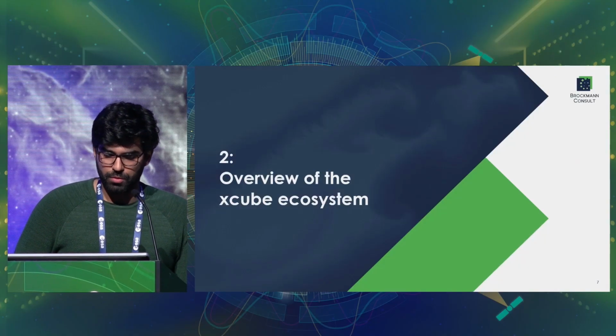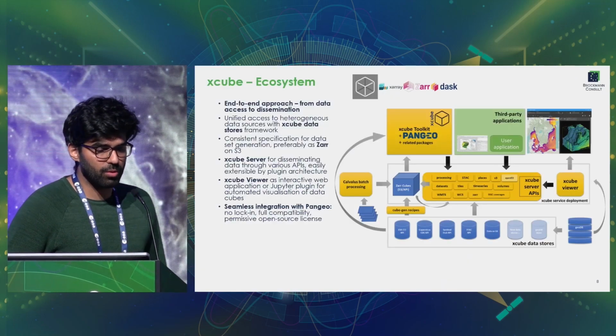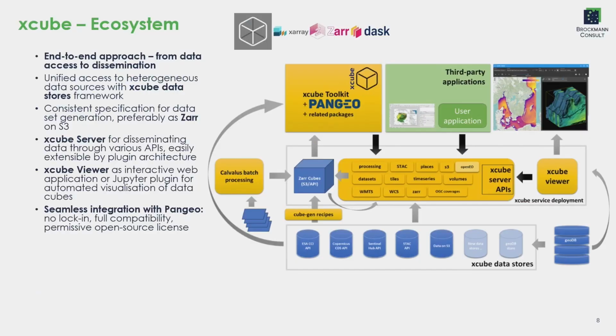A quick overview of the Xcube ecosystem is that we provide this end-to-end approach from data access to dissemination. So 3 main pillars. The one at the bottom is the Xcube data stores, so where you can access data from varied different sources. To name a few, for example, CDS, CCI, CMEMS, EOPF, that was a new recent one, and so on.